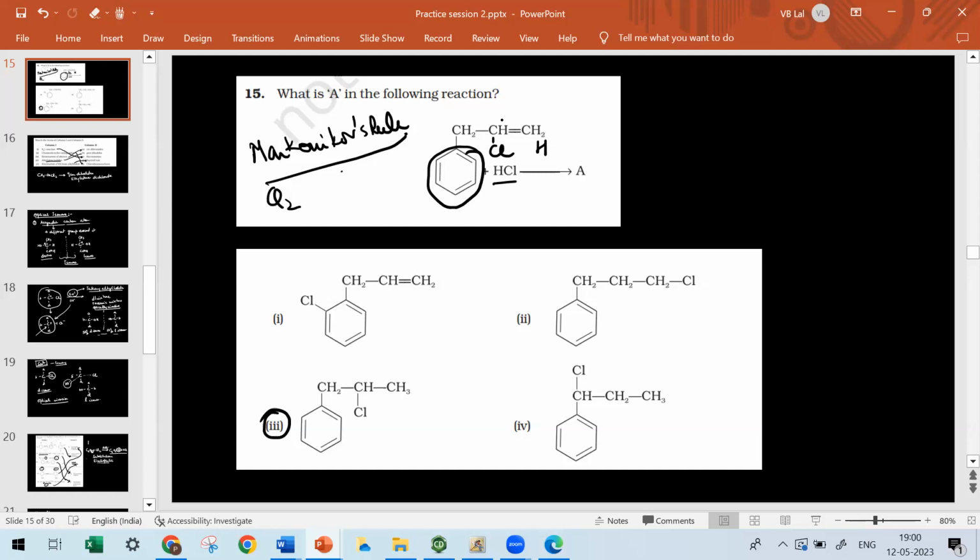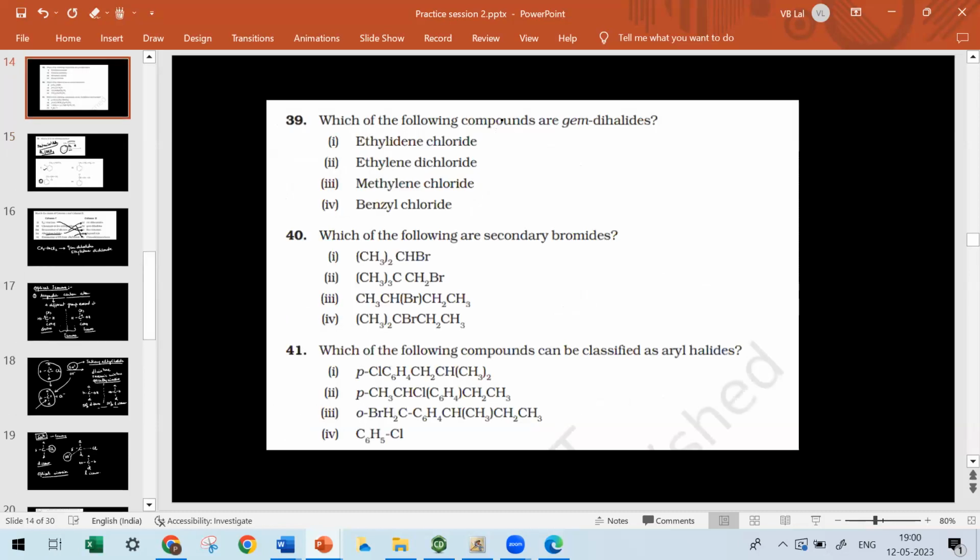I should have used Cl2 and AlCl3, right? Only when there is Cl2 and AlCl3, Cl will become Cl plus. Then we would have got this product. But we don't have chlorine and anhydrous aluminum chloride. So we are having HCl, direct addition on this bond.